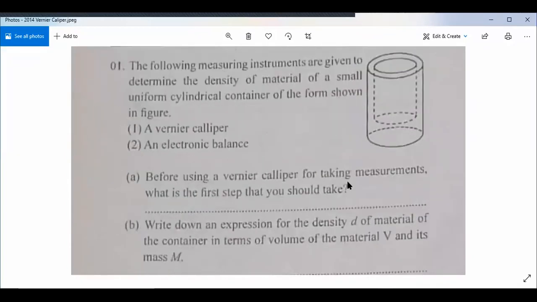Please write the heading: 2014 first structured essay question.